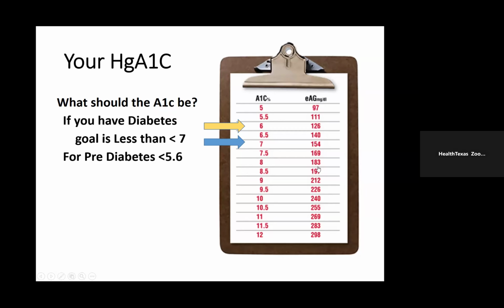And so to break it down for you, a hemoglobin A1C of 7 is an average blood sugar of about 154. An A1C of 5.6 is a blood sugar of about 112 to 115. Any higher than that is considered high blood sugar or diabetes.